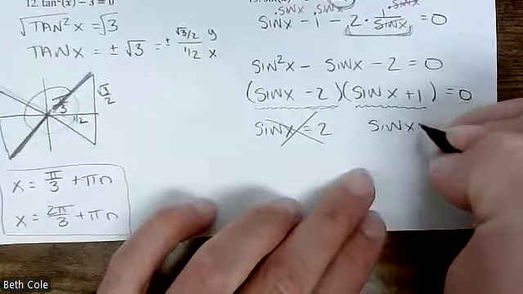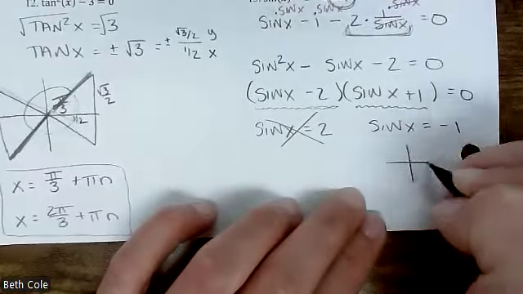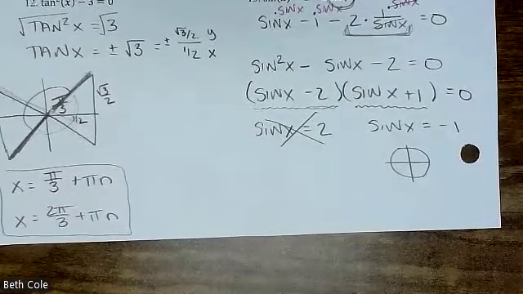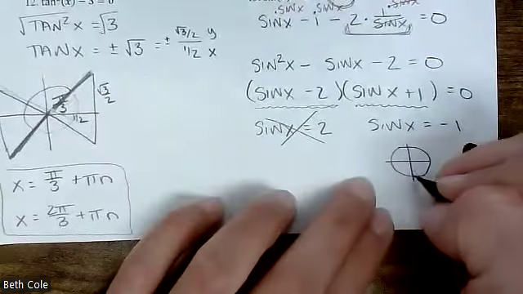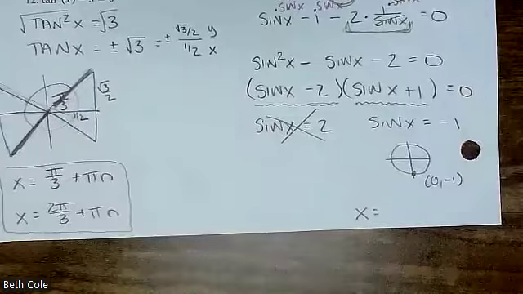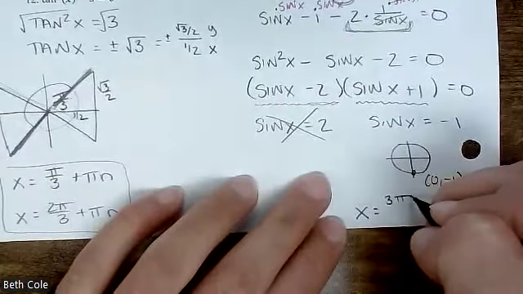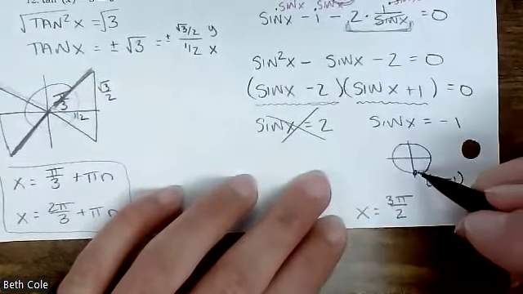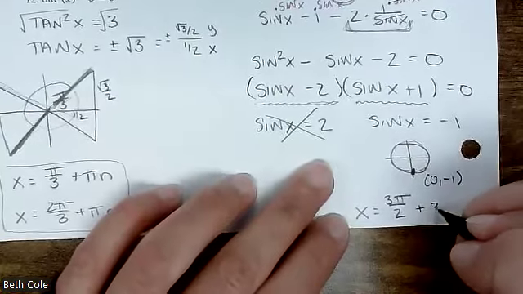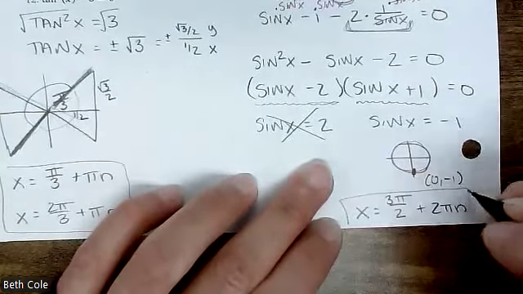You have -1. That's a circle. Looking for a word like up, down, left, or right. We want sine to be -1. So your y value down. Good. And so your answer is 3 pi over 2. Now you have to go the whole way around to get there again. Perfect. Nice job.